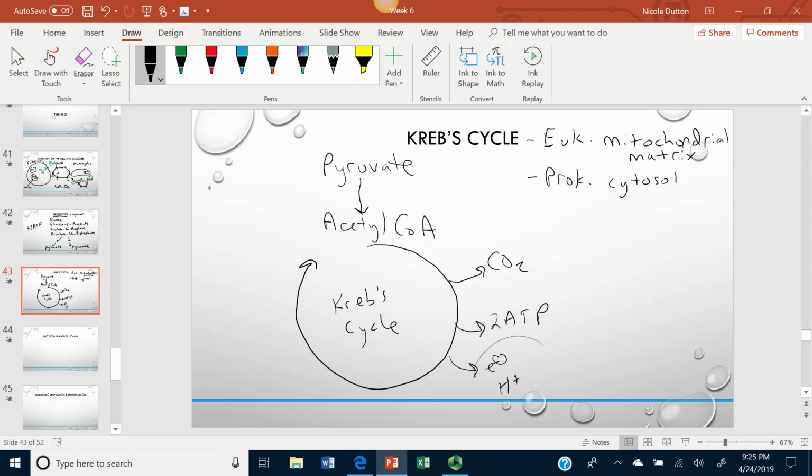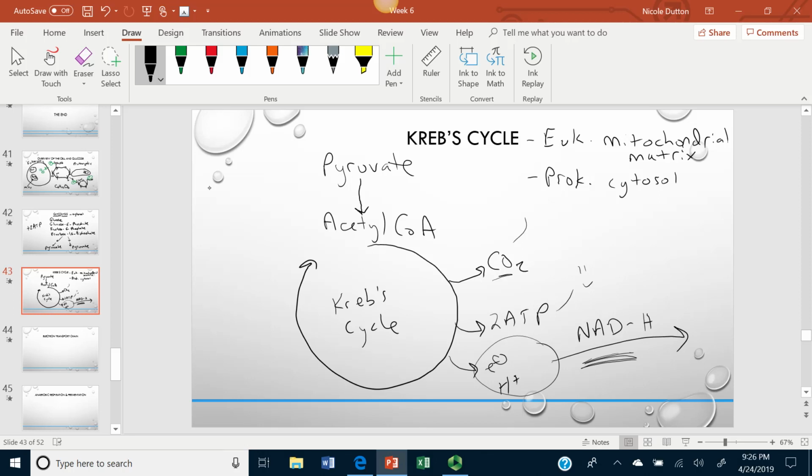And these are going to be transported to the next step by an electron transporter known as NAD. NAD can transport 1 hydrogen at a time. And this is really a shuttle that's going to shuttle back and forth between the Krebs cycle and the electron transport chain. The carbon dioxide again leaves as waste, and the ATP, that's a good thing to have around in the cell.